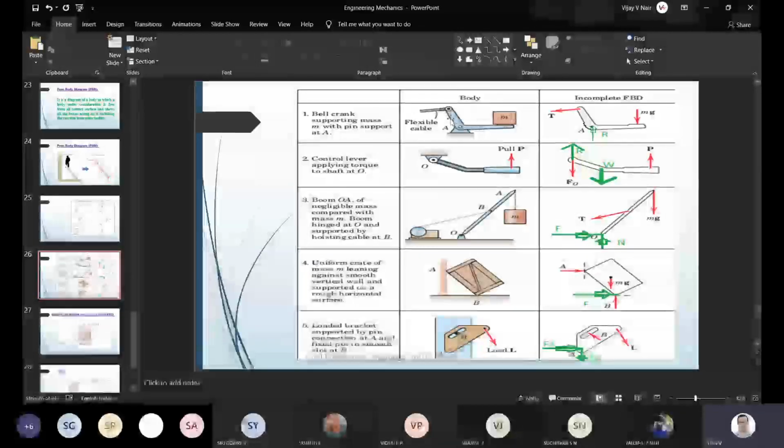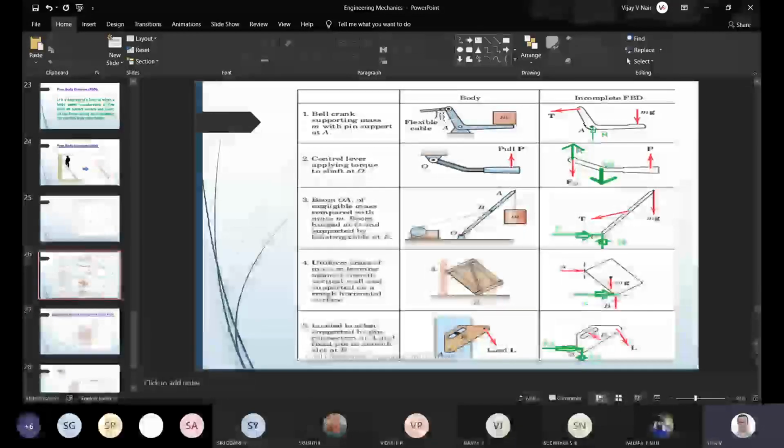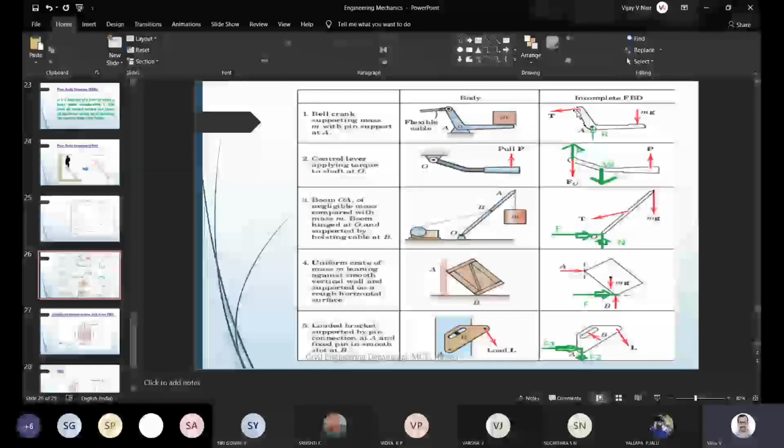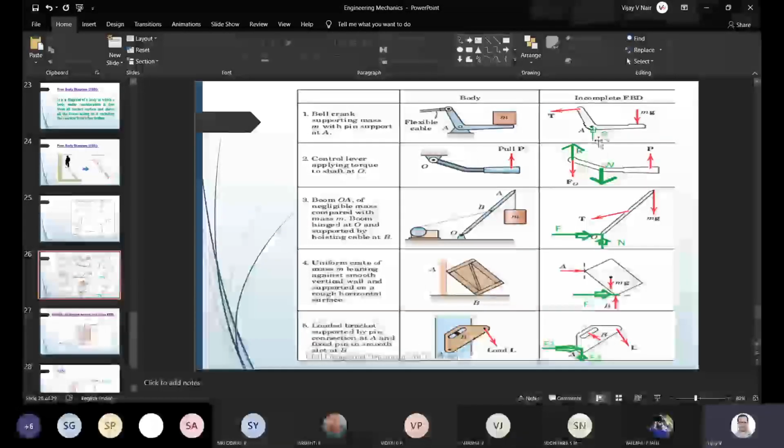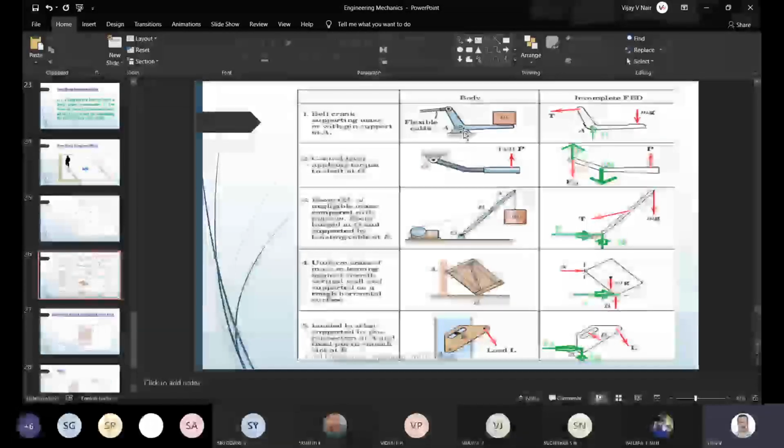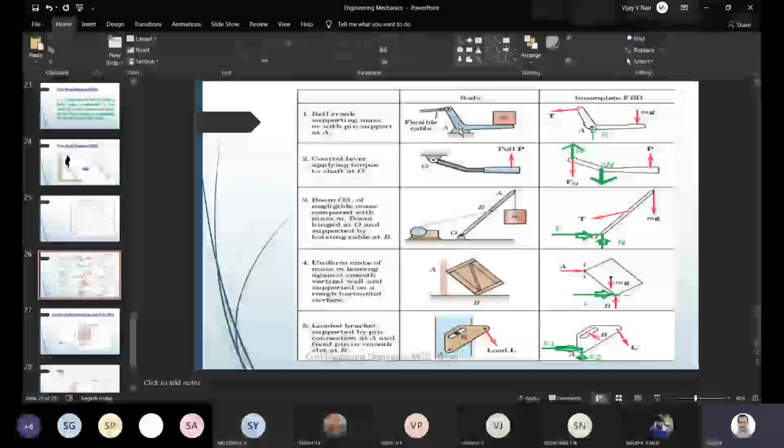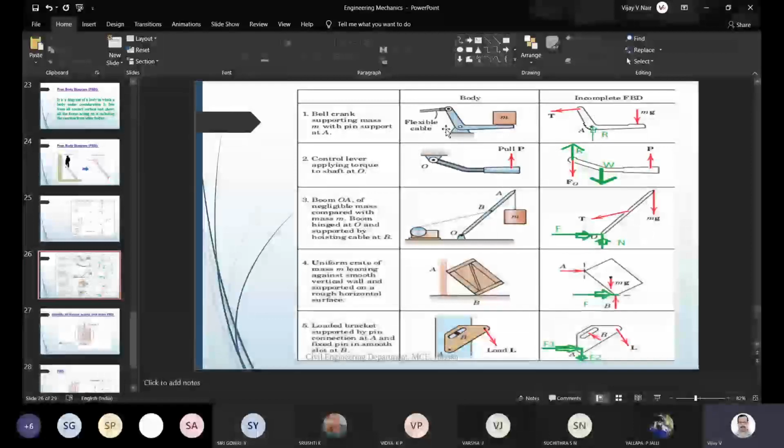The balancing act is done by the bell crank and this particular tension member, or a flexible cable in this case. So a tension force will be acting along the opposite direction, and since this is a support, in this case there will be two reactions. One is acting directly upwards, and in the x direction also there will be a force.